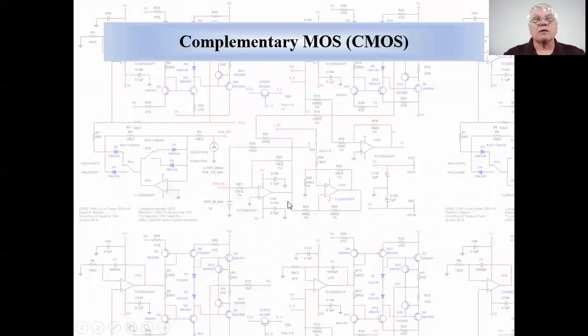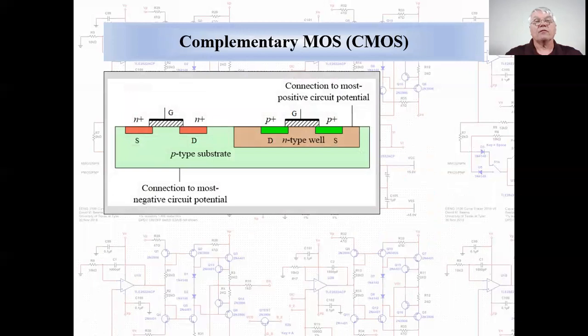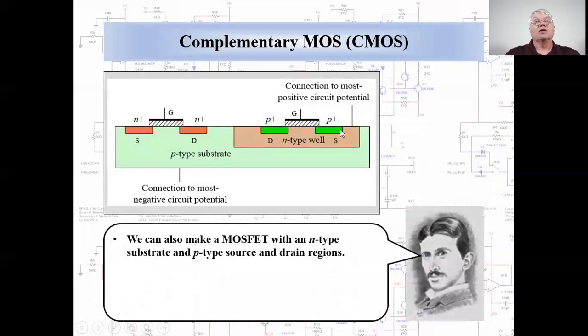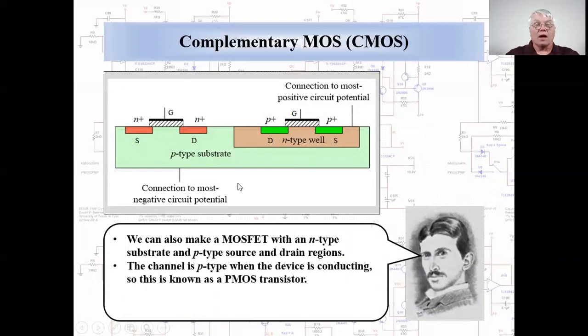Now we'll look at a specific MOSFET structure commonly used in digital logic. Previously, we had looked at a MOSFET fabricated on a P-type substrate with an N-type source and drain. Well, we can also make a MOSFET with an N-type substrate with P-type source and drain regions. Since the channel is inverted to P-type when this transistor is conducting, it is known as a P-channel MOSFET or a PMOS device.